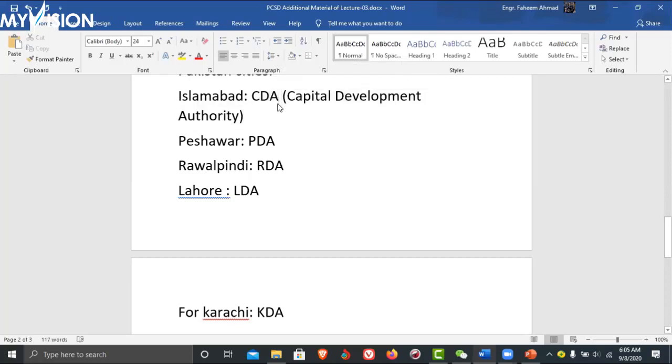If you are not following the exact guidelines of CDA, then they will not allow you to construct any building in Islamabad. You have to follow the guidelines. So are there any guidelines or regulation laws available in Nanchang? It may be called NDA, or I don't know the Chinese name.